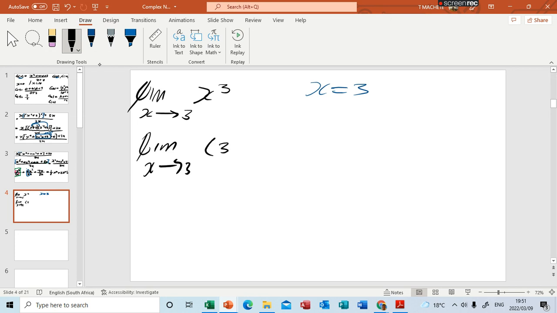So you're going to say limit as x approaches 3. You're going to put 3 where there's x. You see this 3? That's why I took it. Then your answer, you're going to have 3 cubed. 3 squared is 9, and then 3 cubed is 27.